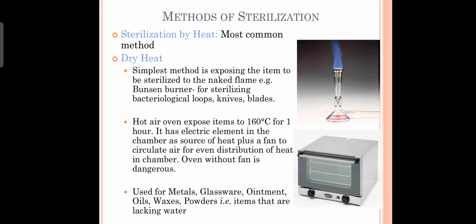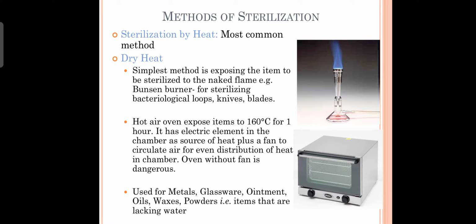Next one is the hot air oven, the second picture, the lower one. The hot air oven exposes items to 160 degrees centigrade for 1 hour. It has electric elements in the chamber as the source of heat, plus a fan to circulate the air for even distribution of heat in the chamber. An oven without a fan is dangerous. Normally we have a microwave oven in our home. This has a similar principle where you set a certain temperature, and there is a fan system which maintains the ventilation inside the oven.